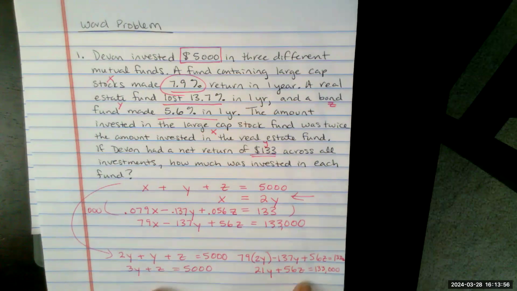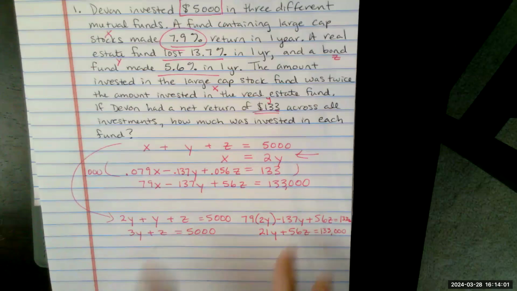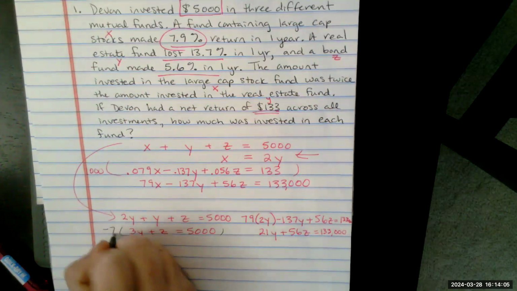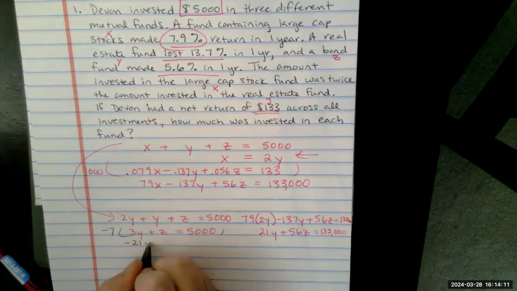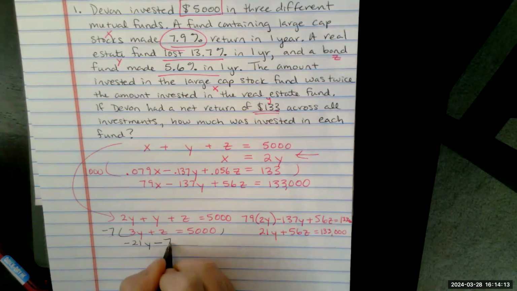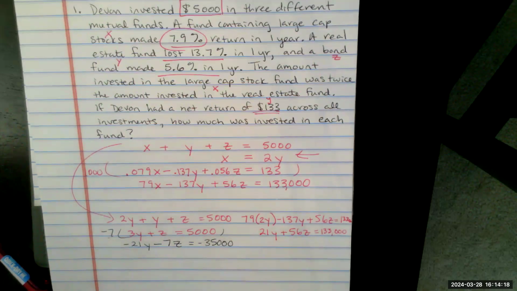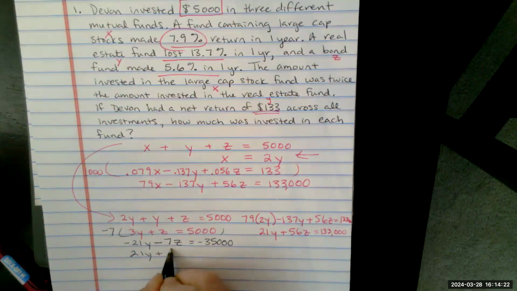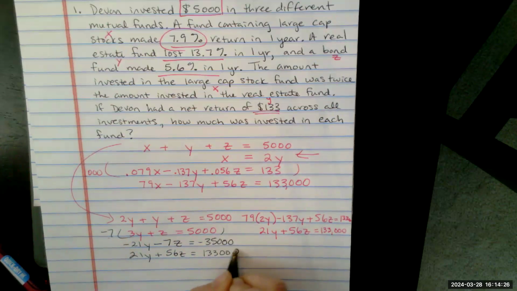So now I want to combine these two equations. So I'm going to multiply this one by -7 so that I can have the -21 and the +21. So that gives me -21y minus 7z equals -35,000. And now I'm going to put the other equation as is underneath it and add them together.